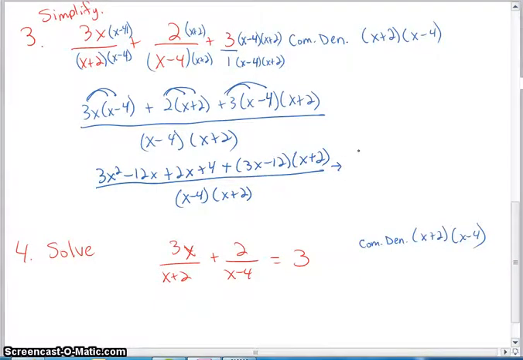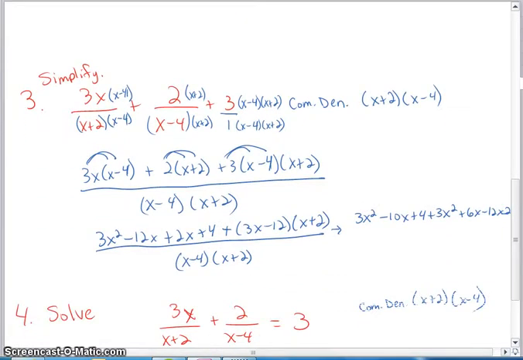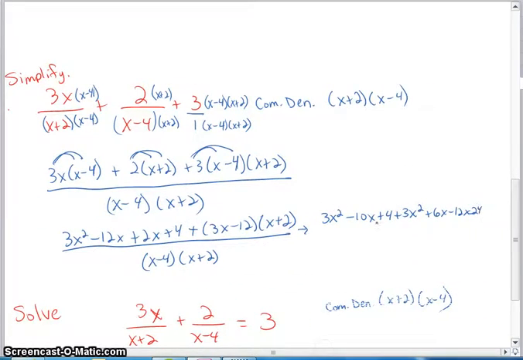So now I'm going to combine some like terms. 3x squared minus 10x plus 4 plus 3x squared plus 6x minus 12x minus 24, over x minus 4, x plus 2.